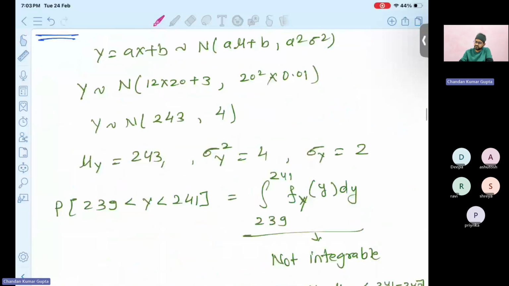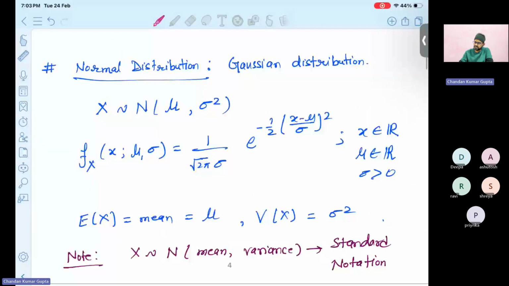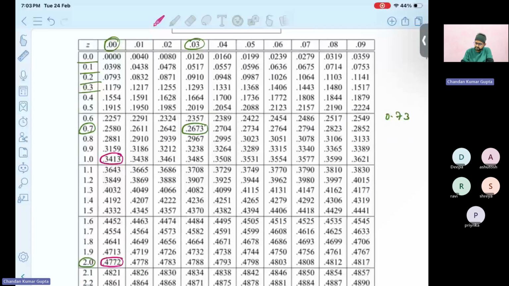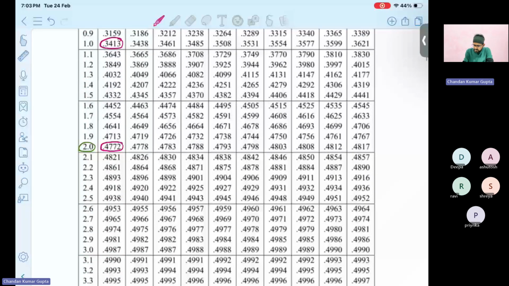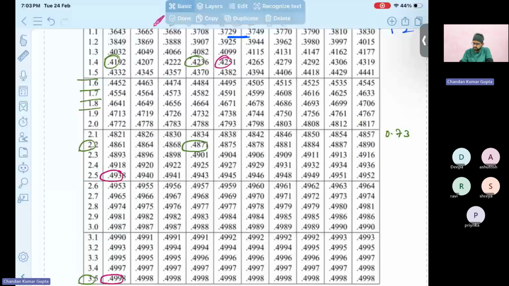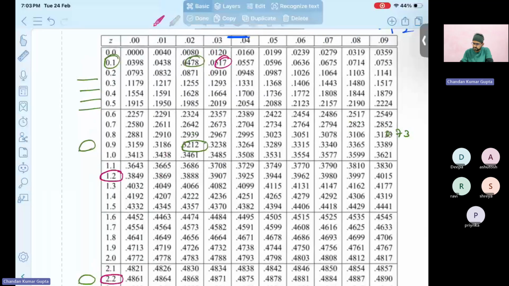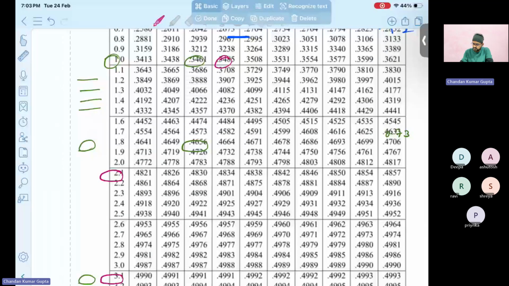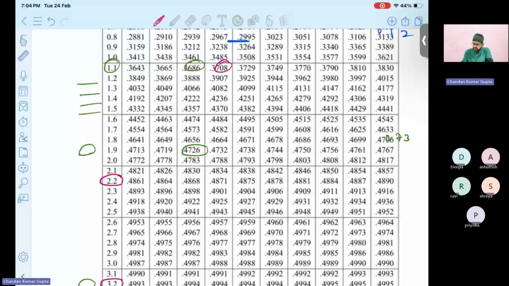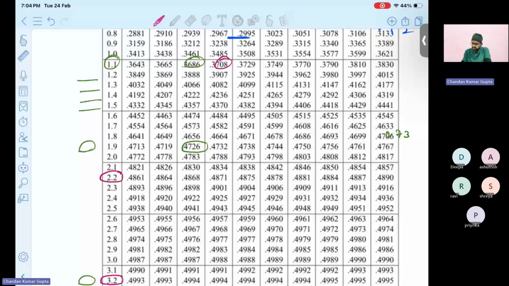So again, let's go to the normal table, 2.24. So it's 2.2 and 0.04. It's this one, 0.4875.